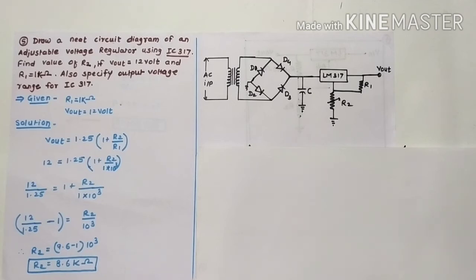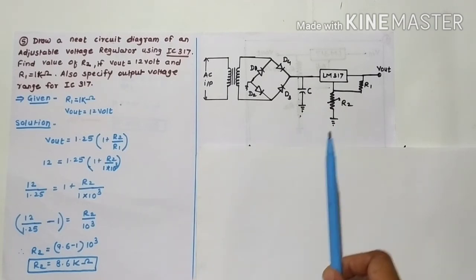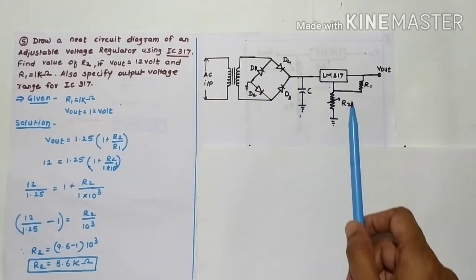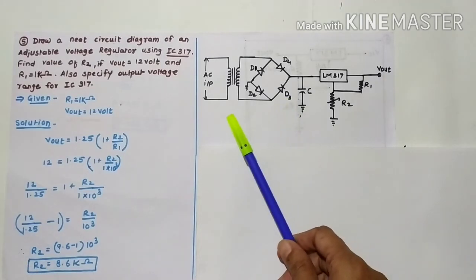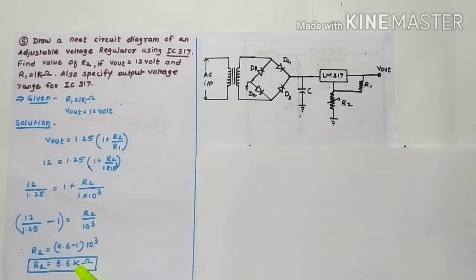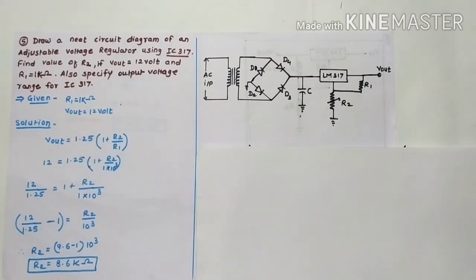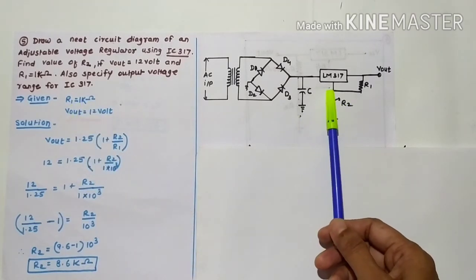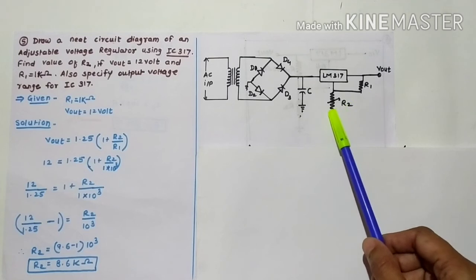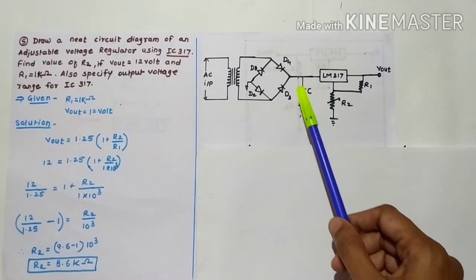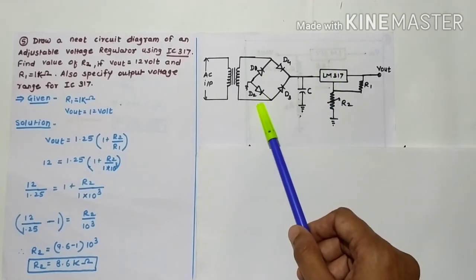Now this is the first part of the solution. What about the second part? In this second part we have to draw the diagram. Students, this is so simple because we know the value of R2 and the value of R1 is given in the problem. So, this IC LM317 is nothing but a voltage regulator and R1, R2 both resistors are present, and as we know, only a capacitor is necessary to connect this IC with the help of this bridge rectifier's output.